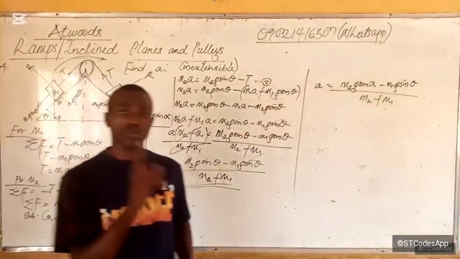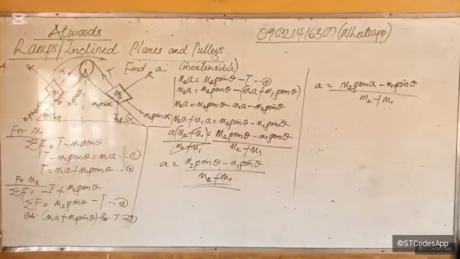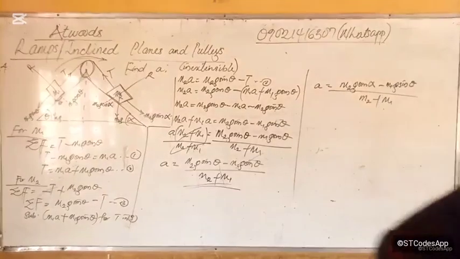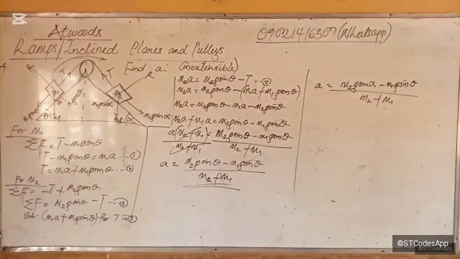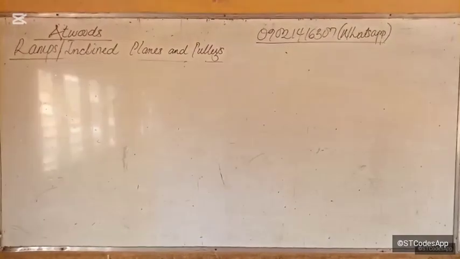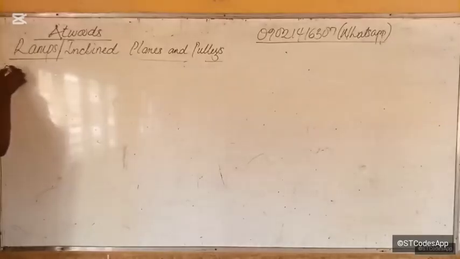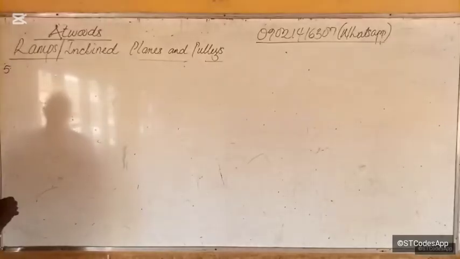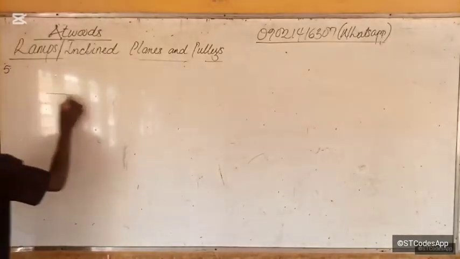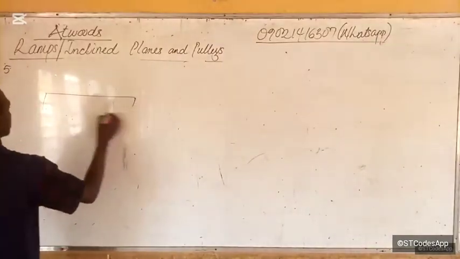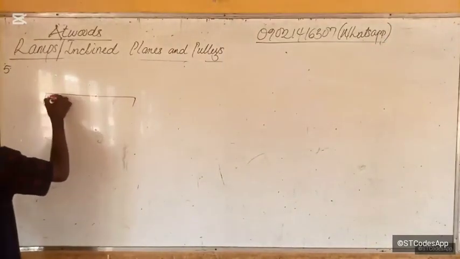Okay, let's do one more, which is the one that consists of three systems. Three systems, and this is not with an incline, but it's also an Atwood. So what if we had something like this, number 5? What if we had a system like this?